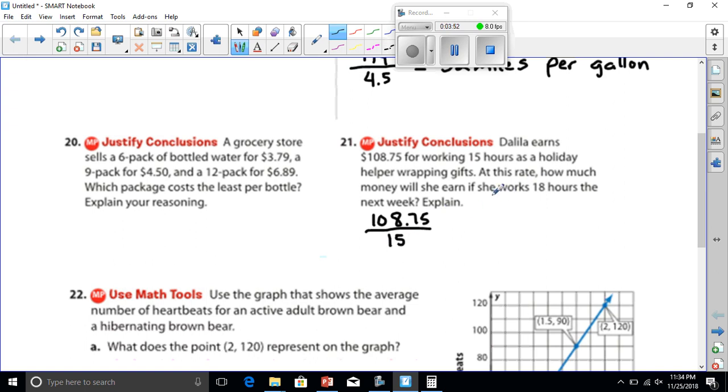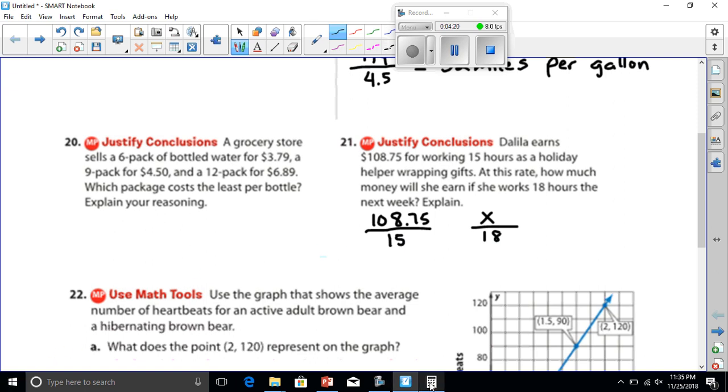Now, I can also say, if I want to cross multiply, that over here I have 18 hours, and I'm trying to find out how much money will I earn if I worked 18 hours. So this would be the x. And if I cross multiplied, I could simply say I'm going to multiply 108.75 times 18, and I'll divide it by 15, and that'll give me what x is. So let's do that first.